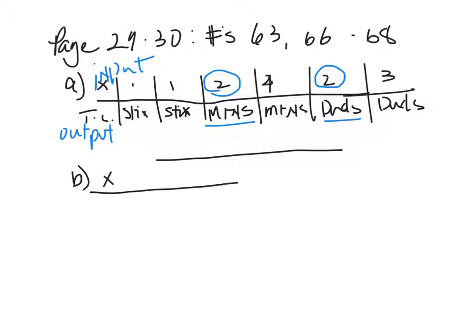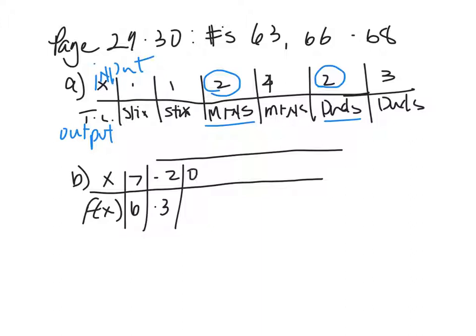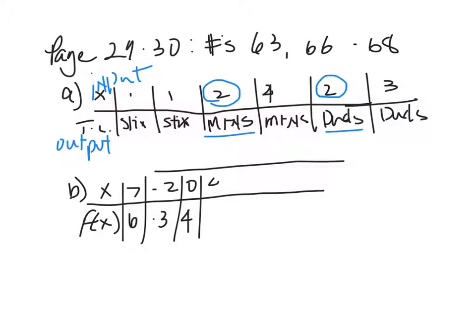B also has inputs and outputs. Write these down on your paper.